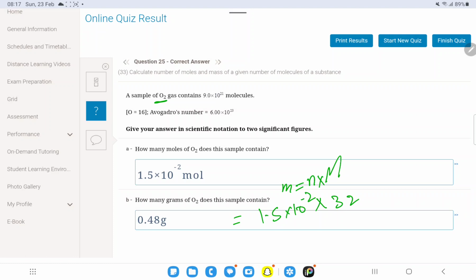So you put it in the calculator, you multiply, you get 12 over 25 or 0.48. It's exactly 0.48. Two significant figures. You can put it scientific notation or put it the same, they accept both.